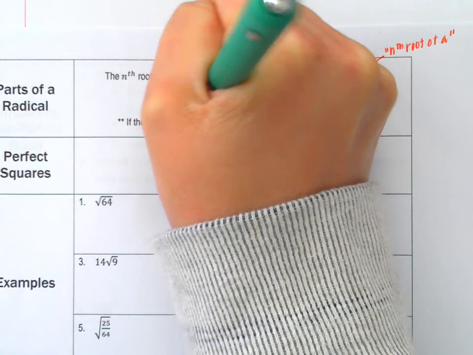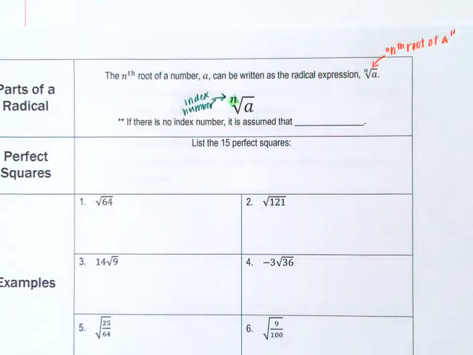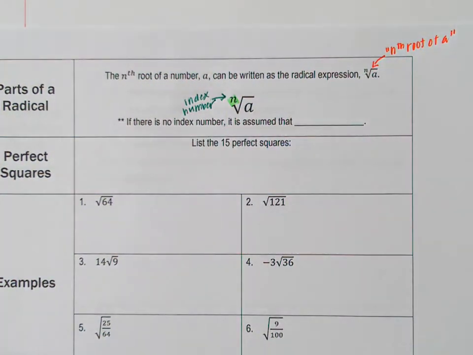What the index number basically says is, with a square, we're looking for two of the same numbers being multiplied together. If it was a cube root, we'd be looking for three of the same numbers being multiplied together. That's the size of the group that we're looking for.